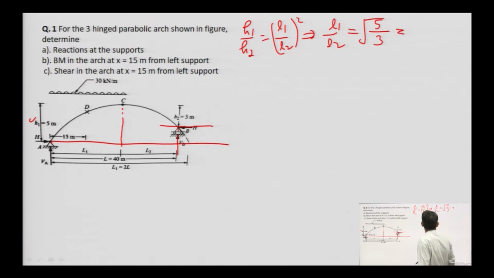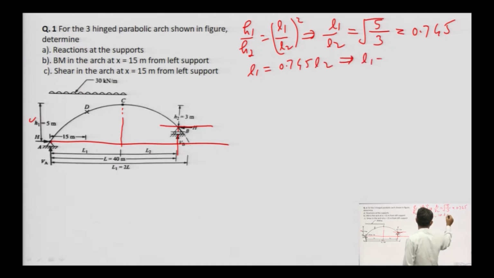So, we are getting a relation between L1 and L2. L1 by L2 is the square root of 5 divided by 3, which is 0.745. So, the value of L1 is 0.745 L2, and we know that L1 plus L2 is 40.